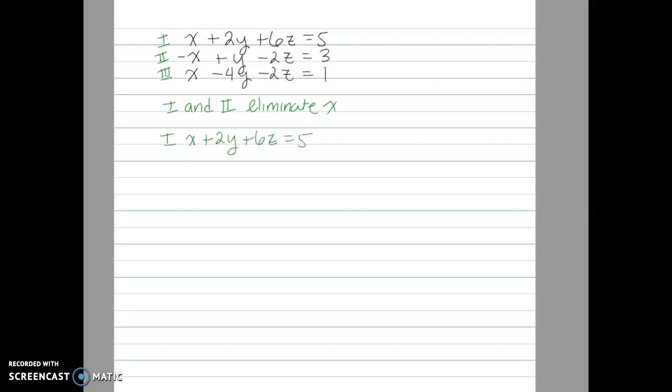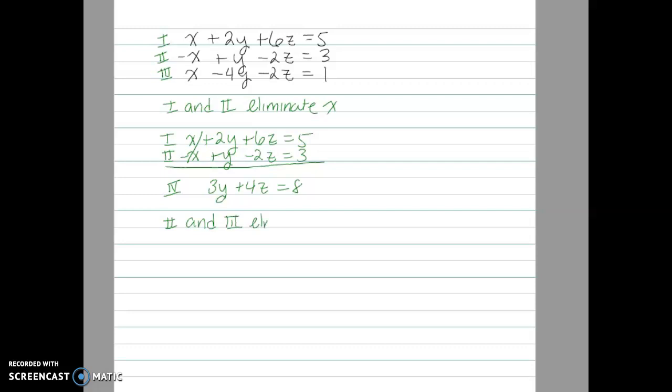Just rewriting each of those equations, and I could go ahead and add them together. X eliminates right away. There's my fourth equation. So I'll go ahead and take another two equations and also eliminate x. I'm choosing 2 and 3.